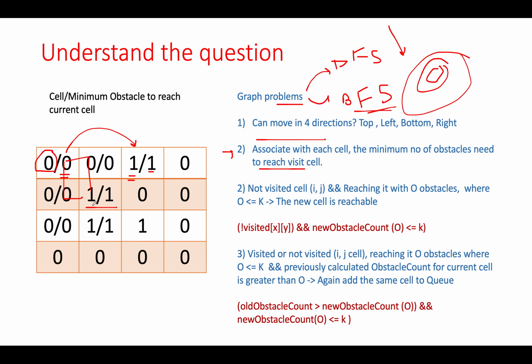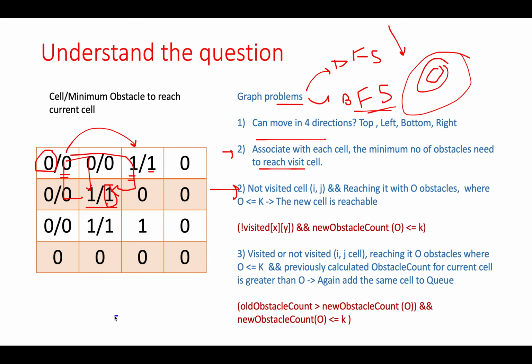So the minimum number of obstacles needed is 1. There could be another path as well, somewhere along these lines. Here in this path, the minimum obstacles needed to reach is 2, and since the other path is 1, I have stated 1 here. But there could be a case where, as you progress ahead in your BFS traversal, a better value is found.